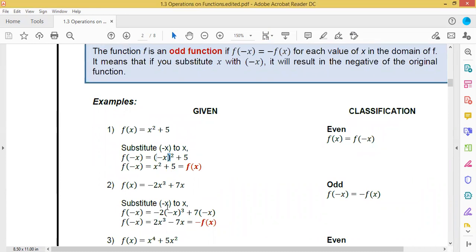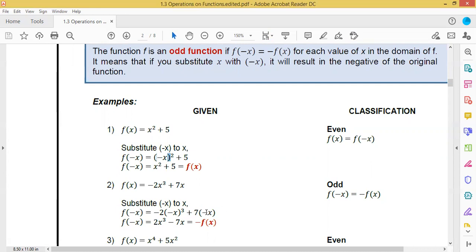We substitute negative x to the value of x. So, since negative x is raised to an odd exponent, then the answer of this one is still negative. So negative x cubed times negative 2, that's negative times negative, the answer is positive 2x cubed. Next, plus 7 times negative x.